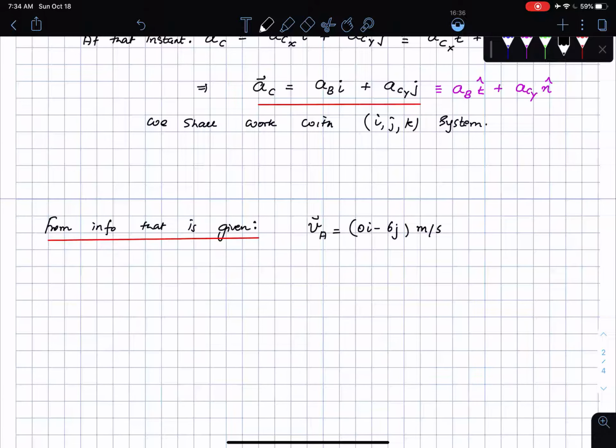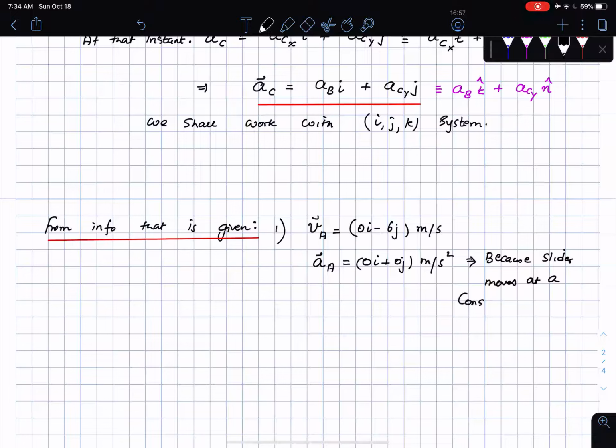Slider A moves at a constant rate, which means that the acceleration of A is 0I and 0j meters per second squared. This is because the slider moves at a constant rate.